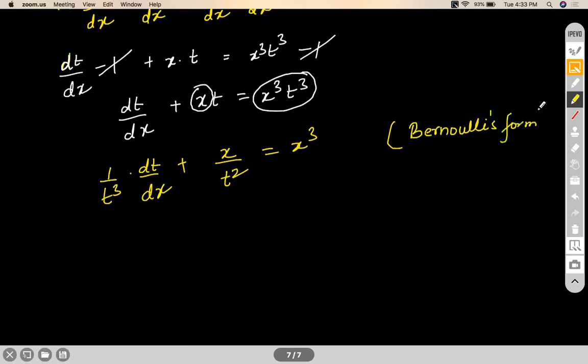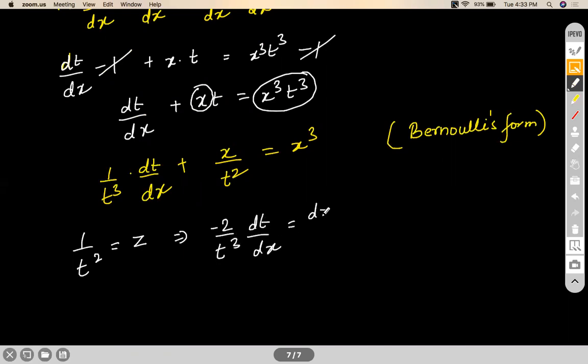Correct? So now once it is Bernoulli form, you know what to do next. Take 1 by t square as another variable. Correct? So let us take 1 by t square as z probably. Right? So minus 2 by t cube dt by dx will become dz by dx. Okay?